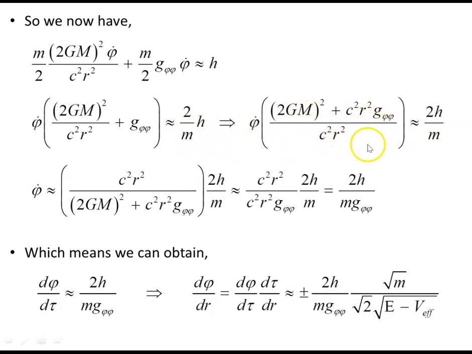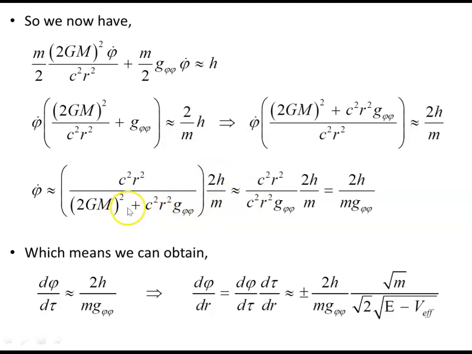Then we're going to invert it so that we have phi dot by itself on the left, and that's approximately c squared r squared over this object here times 2h on m.